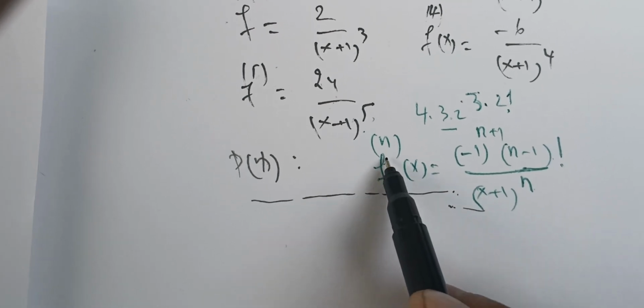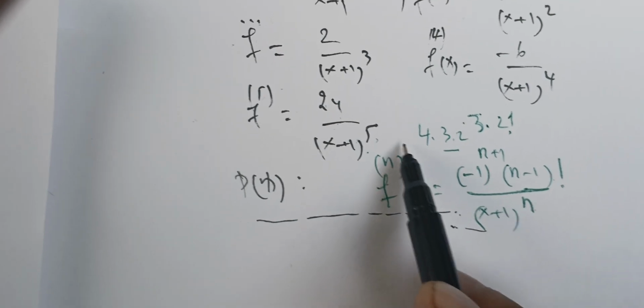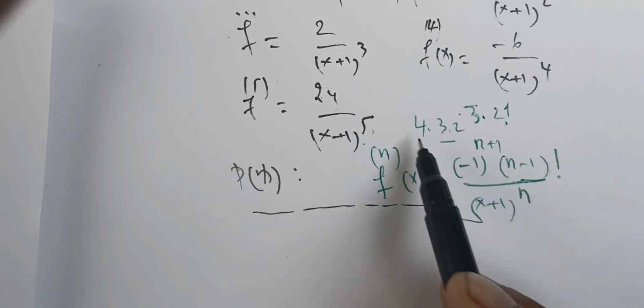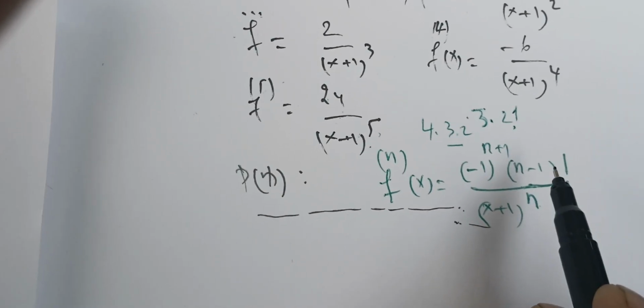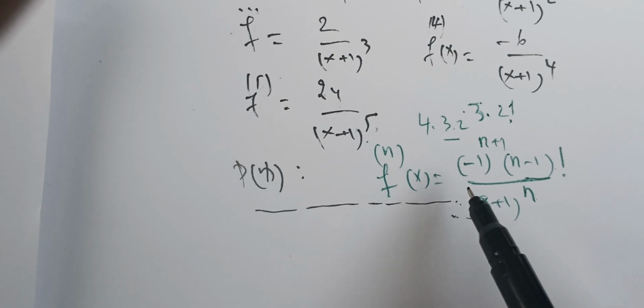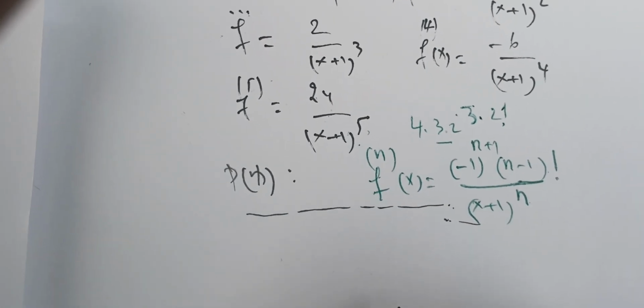To go from here to n plus 1, we just differentiate, because when we differentiate the n order, we're going to get the n plus 1 order. That's how we link the induction hypothesis with the n plus 1 statement.